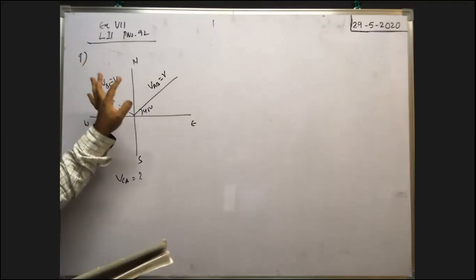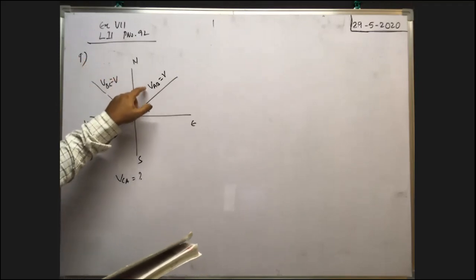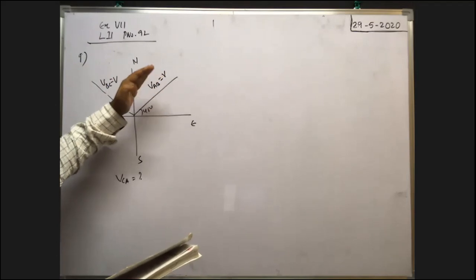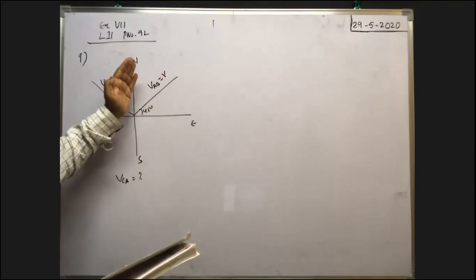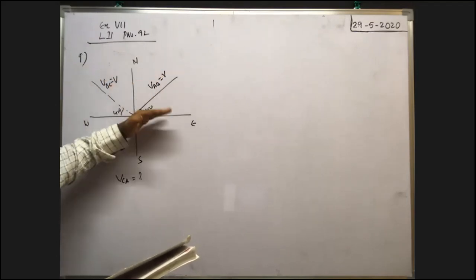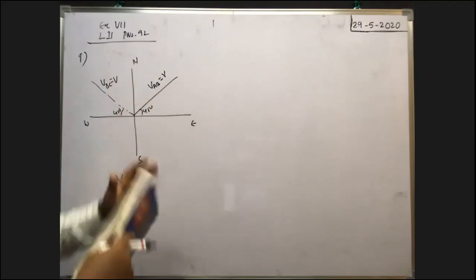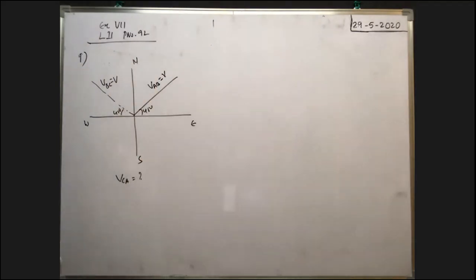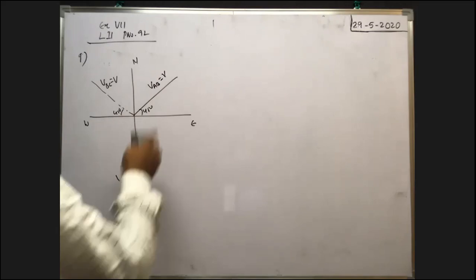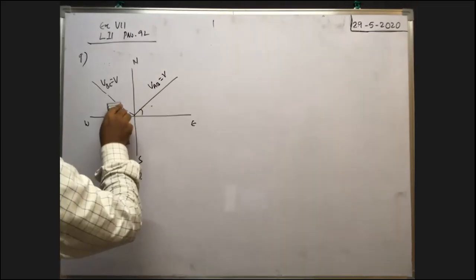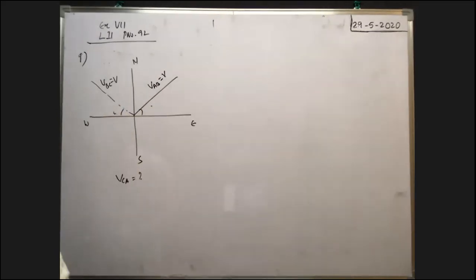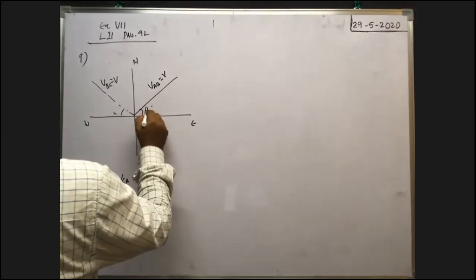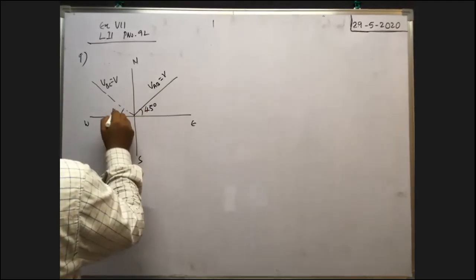That means velocity of A with respect to B is V, along the bisector of the northeast, which means it lies making a 45-degree angle. So this is 45, this is 45, this is also 45.